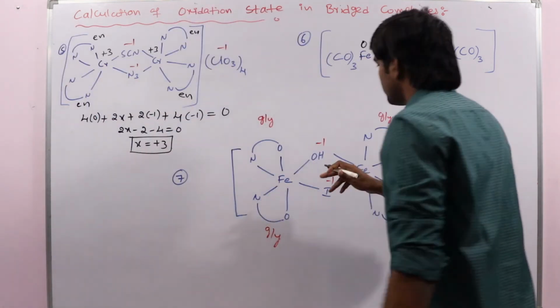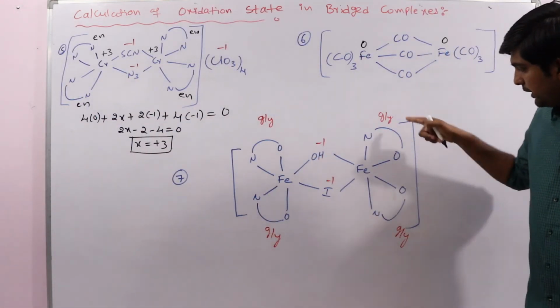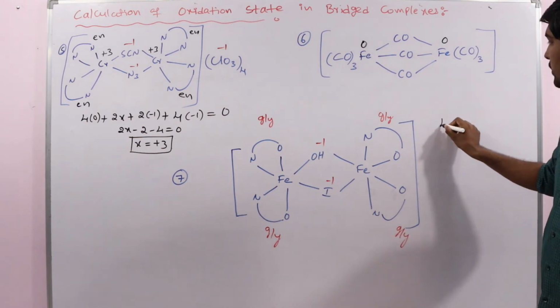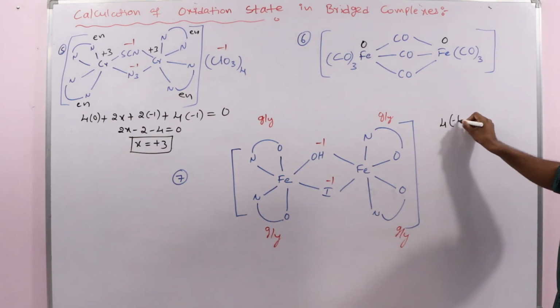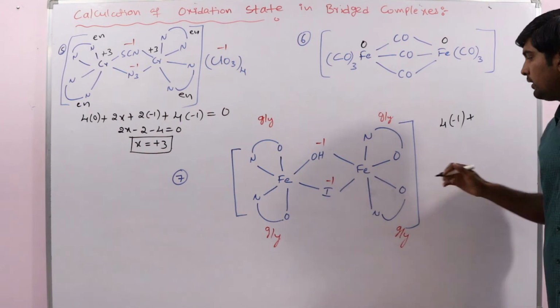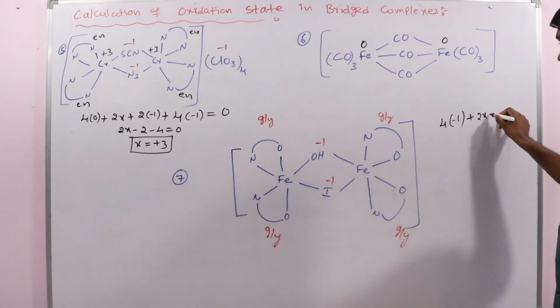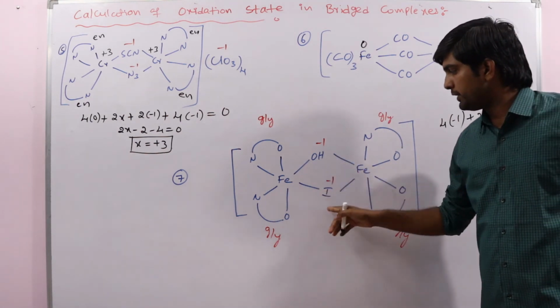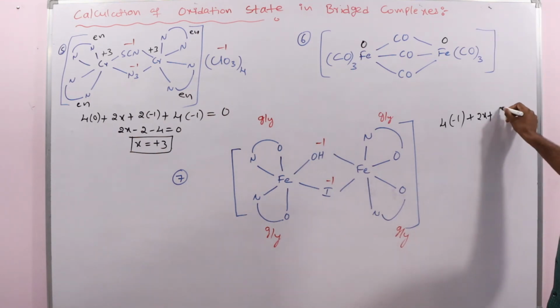Okay, so here total how many glycinato ligands are present? 4 glycinato ligands. So each one carries -1 charge. Okay, plus how many metals? 2. So 2x. Plus, so two bridged ligands each will carry -1 charge.